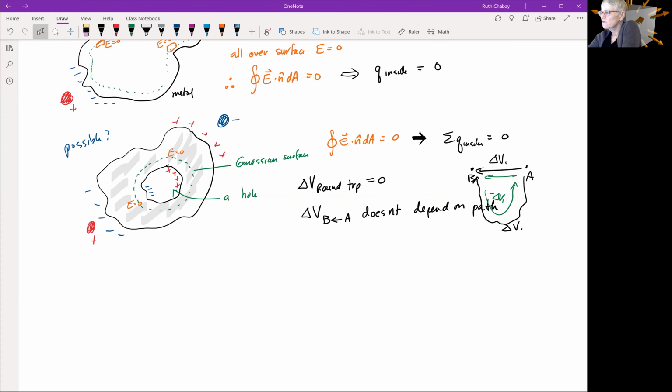And so where we're going to choose our locations for our potential difference is we're going to put one location here, we'll call that A, and we'll put one location here and call that B. Actually, let's move B down here a little bit. And so the first path we'll take, we'll call it path 1.